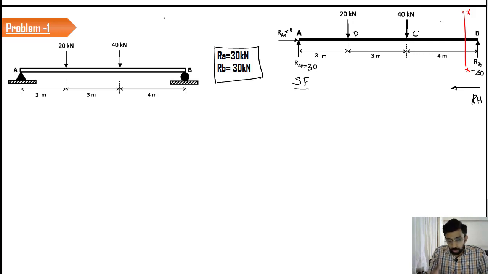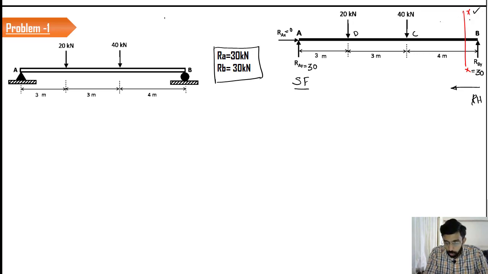Okay. So just see where all we have to take the shear force. That's the next question. So we discussed that you have to take the shear force at all the locations where you can see an abrupt change in the load. That means if you start to travel from B, we have a section plane right ahead of us, which is XX.